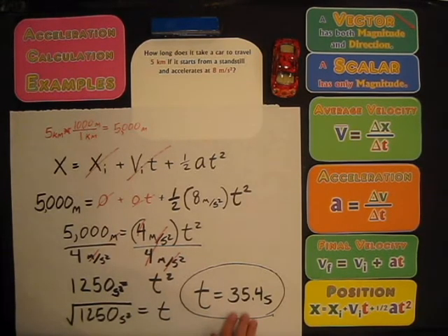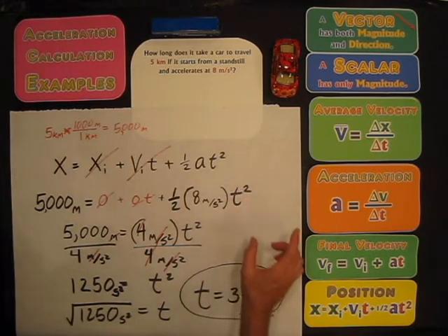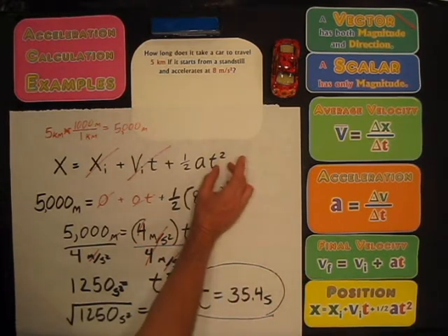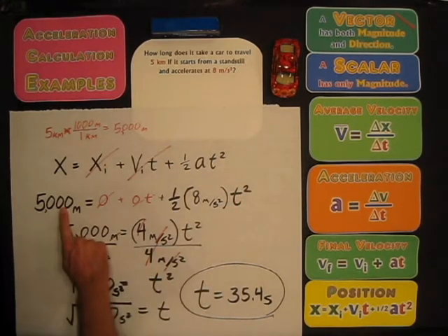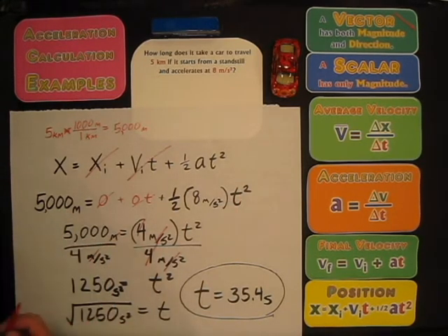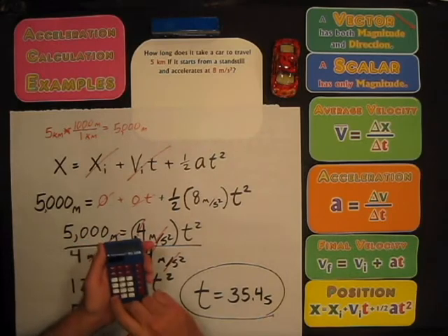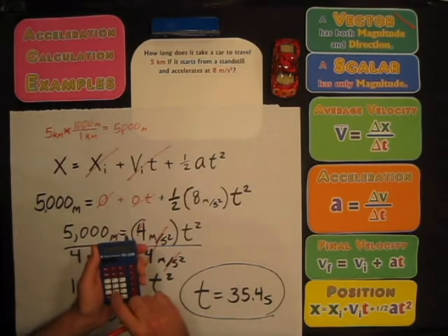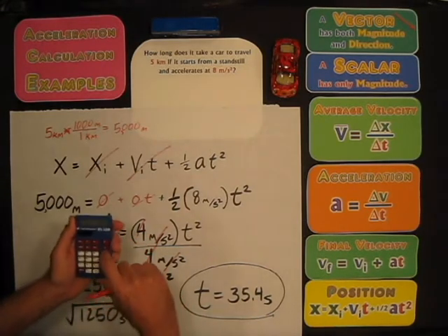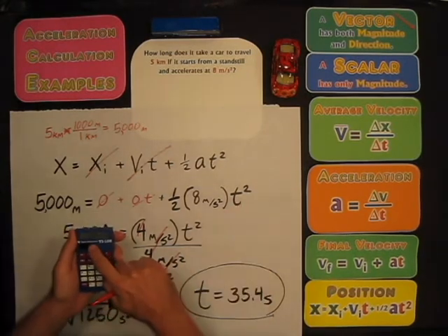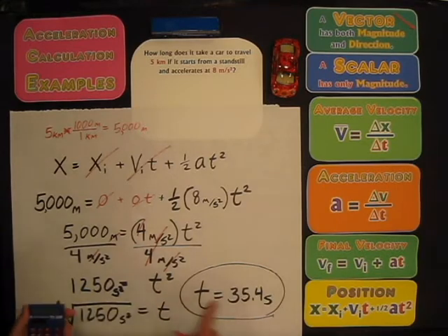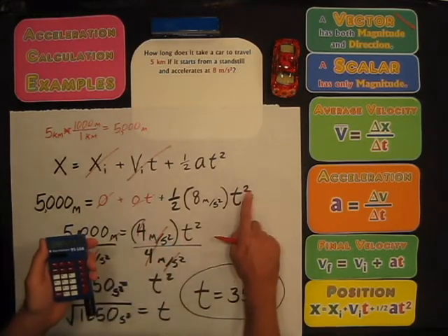Now you could also plug this back into the equation, put that in as your t right there, and see if it gives you that. So if we take 35.4 times 35.4, it's going to give me 1,253, now because of rounding, seconds squared.